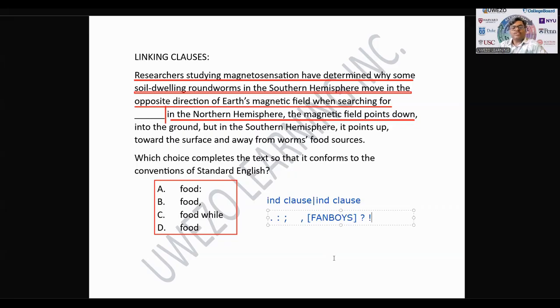Okay, so one thing is for sure, we have two independent clauses, and we need to find which punctuation we have in any of the answer choices.